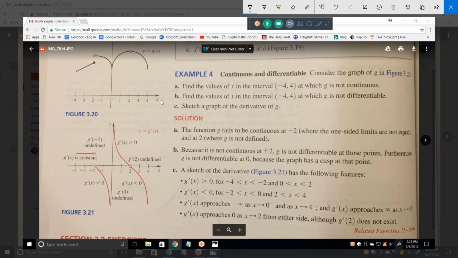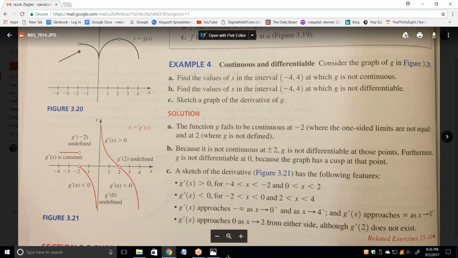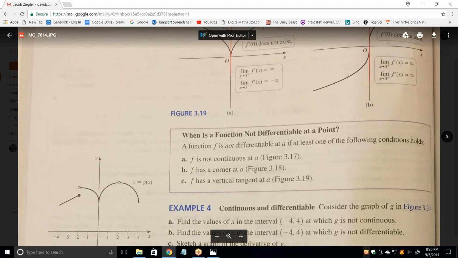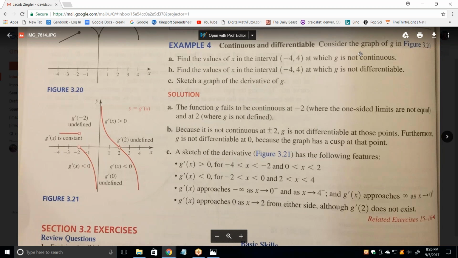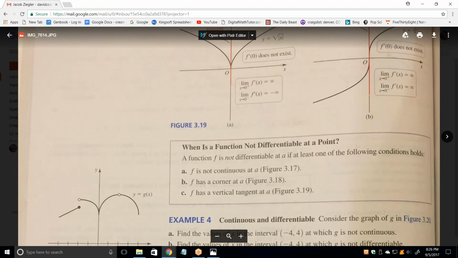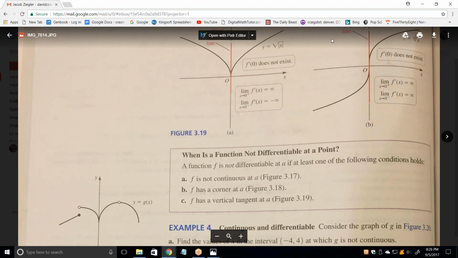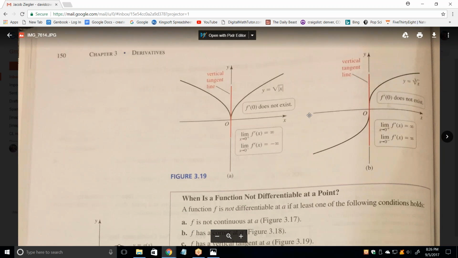Now, there's one other situation that let's talk about here, and that is where you have a vertical. Hold on a second if I can figure out how to do this. Wow, it's turning out to be harder than I thought. Okay. See this function here in the upper right?